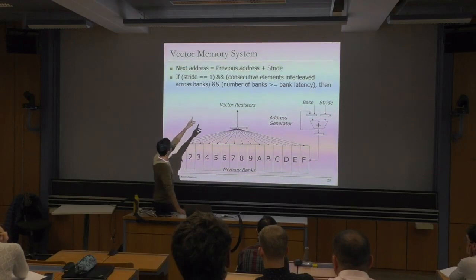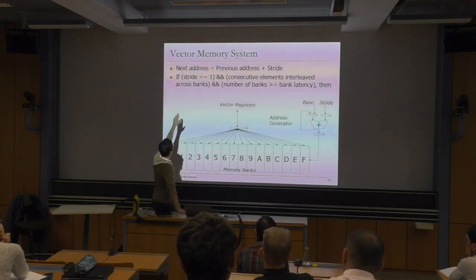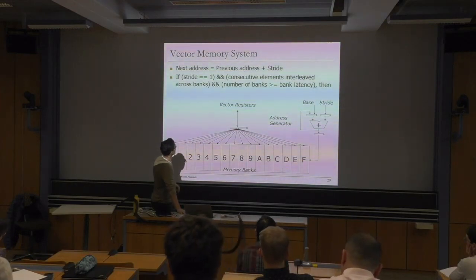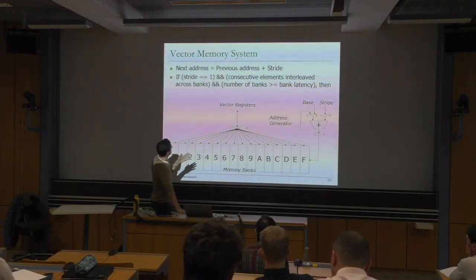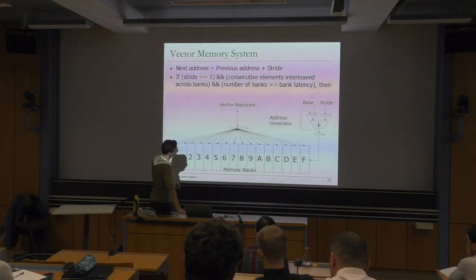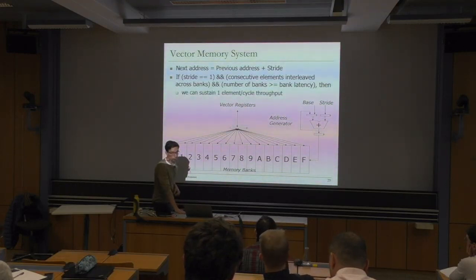The way that we calculate the next address is the previous address plus the stride, and this is just one example, right? If the stride is 1 and consecutive elements are interleaved across banks, and the number of banks is greater or equal than the bank latency, then we can sustain one element per cycle throughput. You understand that? What does it mean?